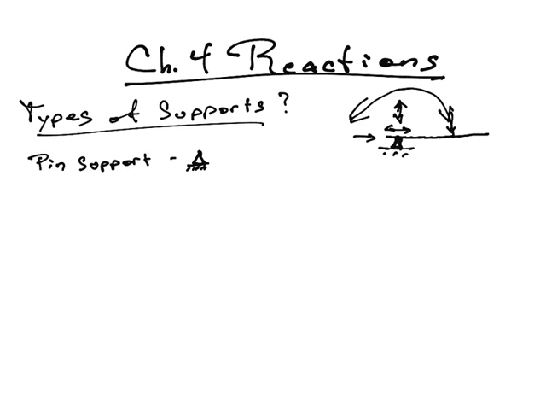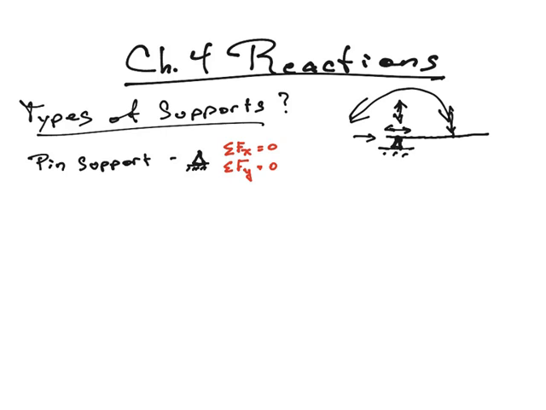And so that's the first big thing of noting about the pin support. It says the sum of the forces in X must be 0, and the sum of the forces in Y must be 0. Okay, but you are allowed to have a moment.